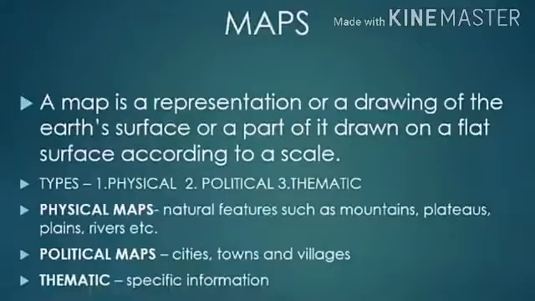What is a map? A map is a representation or drawing of the earth, or sometimes it gives detail about a particular part of the earth on a flat surface. It means through a map we can see our country, our town, our city, our location.